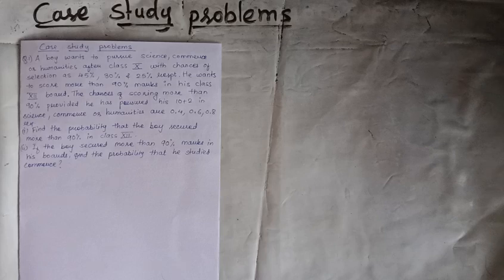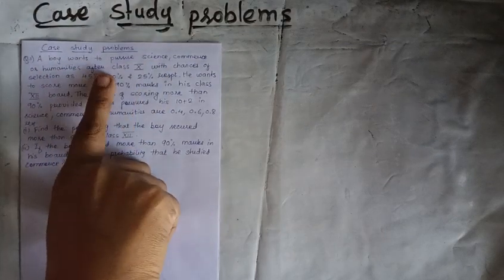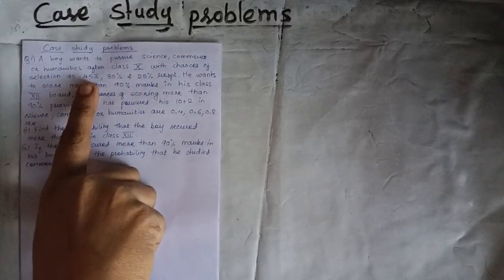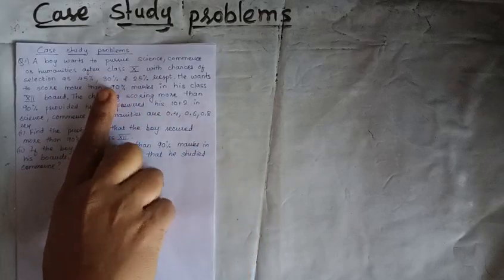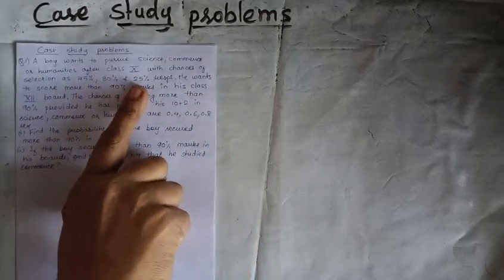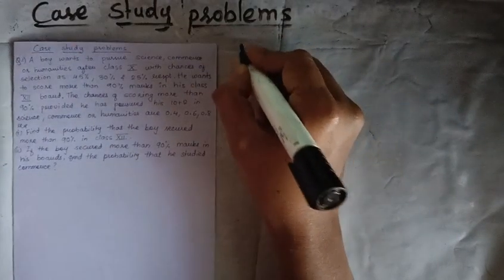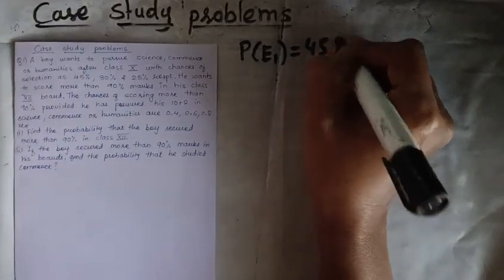So first, the events are: a boy wants to pursue science, commerce or humanities after class 10th. The chances, that is probabilities, are these. So E1 is for science, E2 is for commerce, and E3 is for humanities. So P of E1 is 45%.